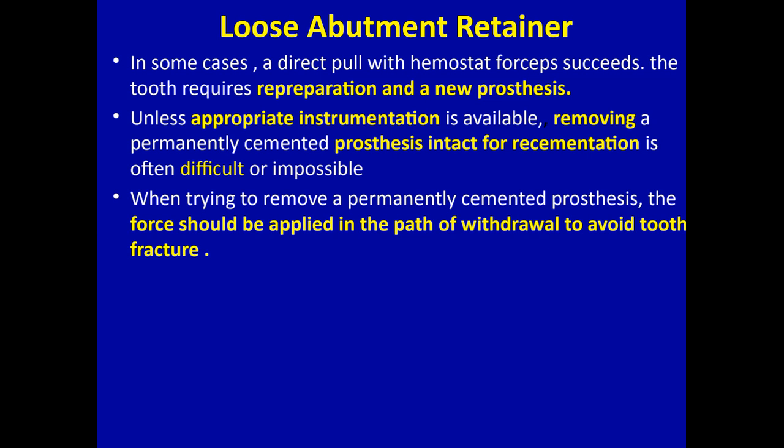If it is permanently cemented and the retainer is not loose, it is better to section it to save the abutment tooth. Otherwise, the heavy removing force could result in fracture of the abutment. If it is loose, it can be easily removed with a hemostat or crown remover.